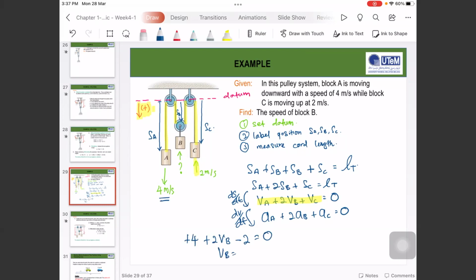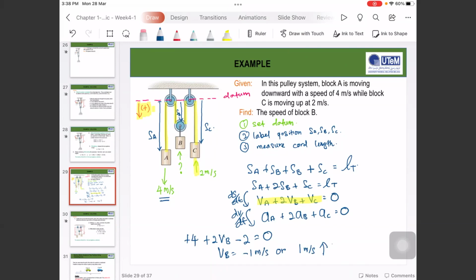So VB equal to 2 minus 4 divided by 2, minus 1 meter per second, and upward. Okay. Boleh gunalah any sign lah yang boleh pakai.